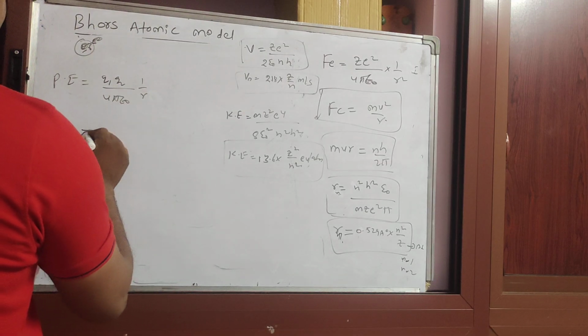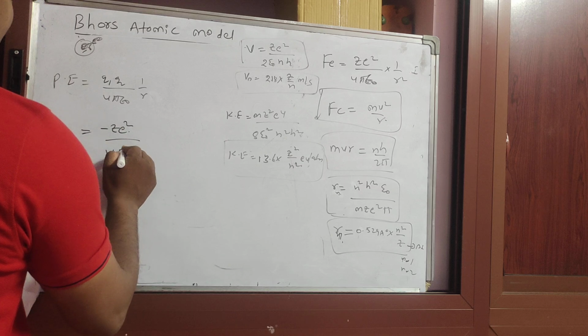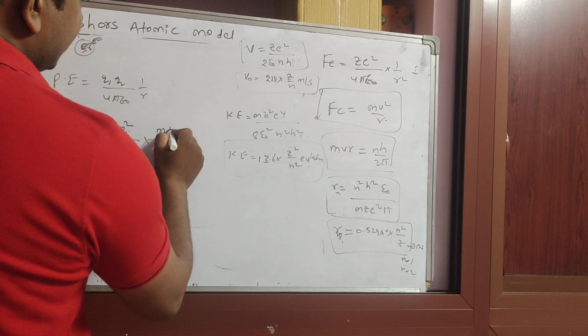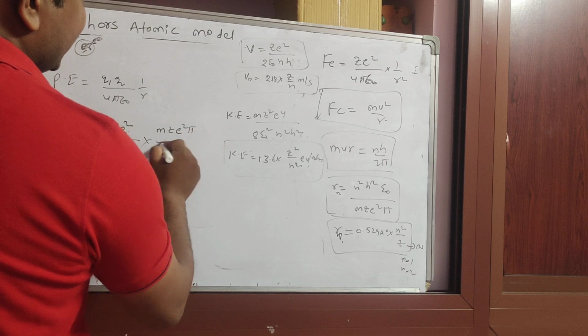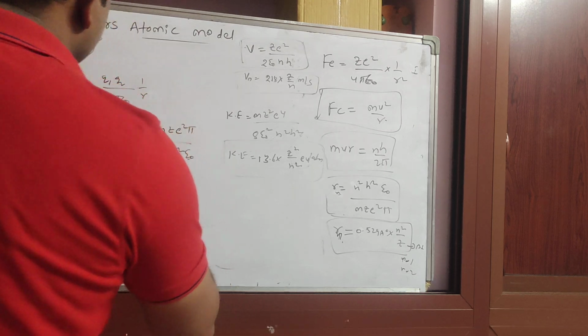With 1 by r, that is minus z e square by 4 pi epsilon naught into 1 by r, which gives m z e square pi by n square h square epsilon naught. Yes, this one.